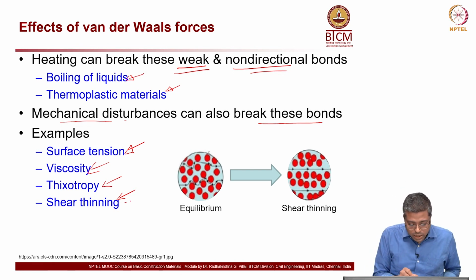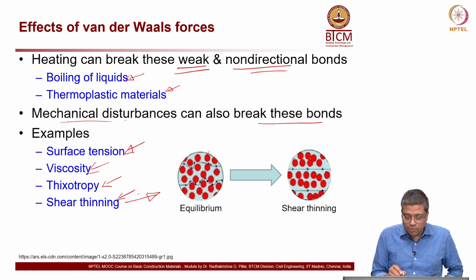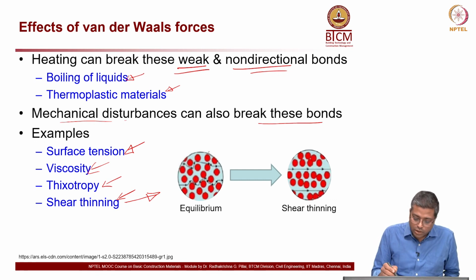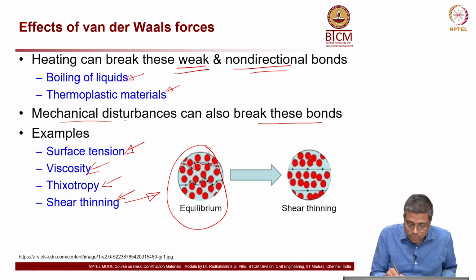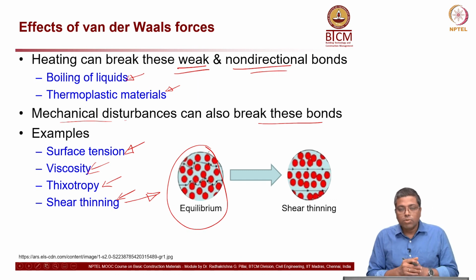Now, for example, I will just explain this shear thinning behavior, or thixotropy, here. You can see the first image where you have two black things going in between these red circles. So, I can say this is in equilibrium.